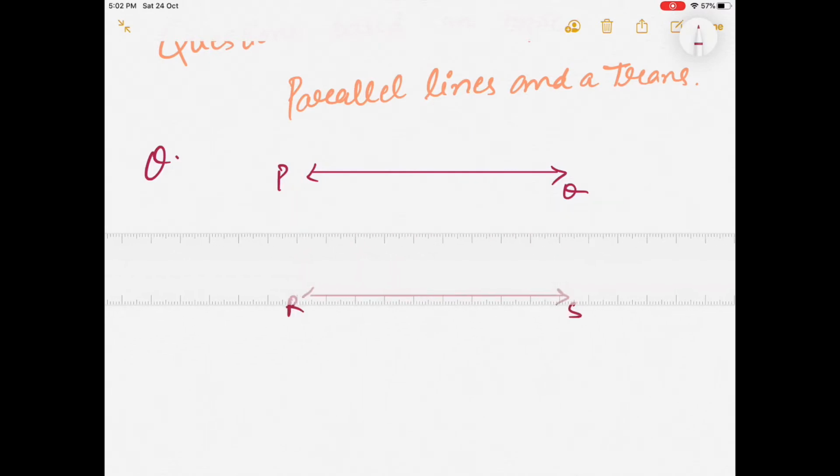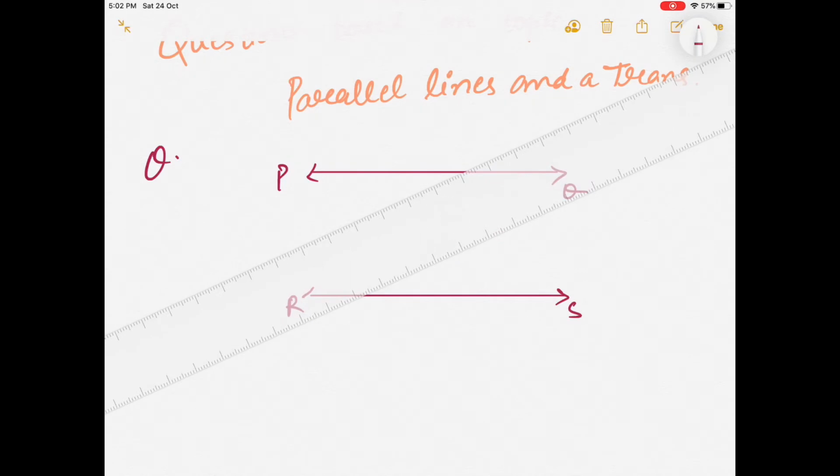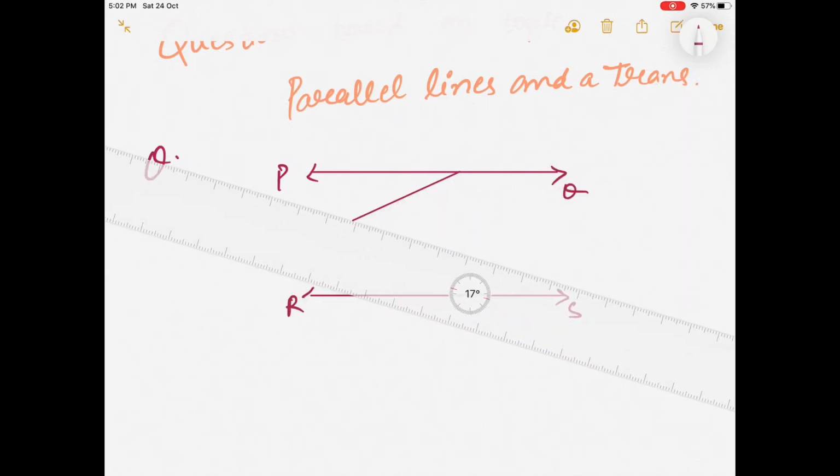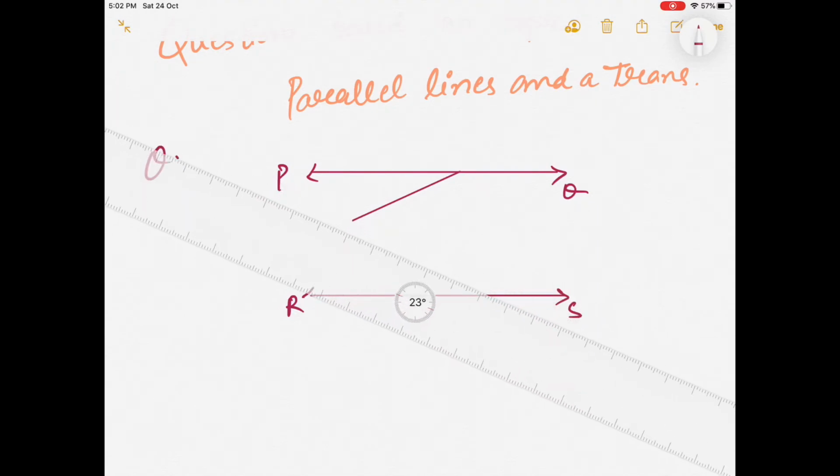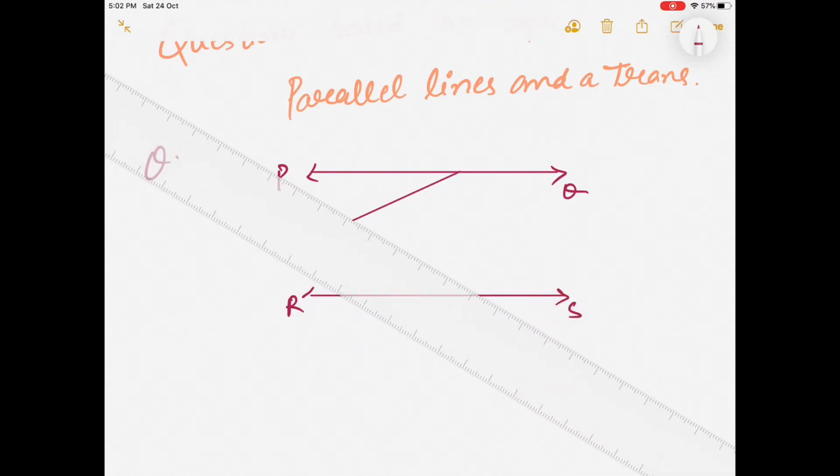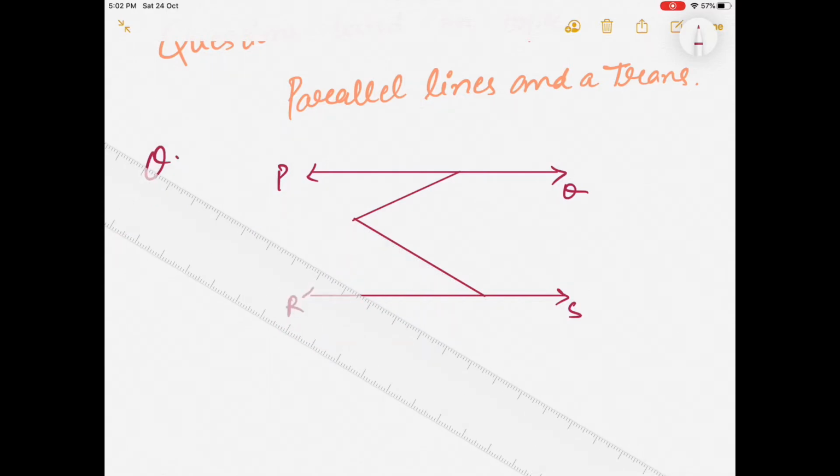Now, this is the figure you can see here. This is point X, this is point M, and this is point Y here.